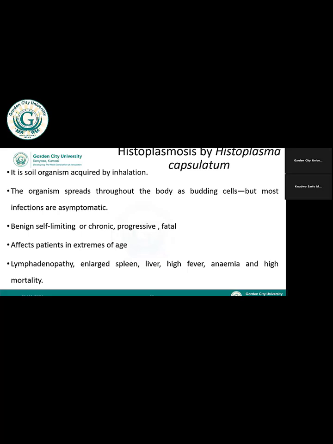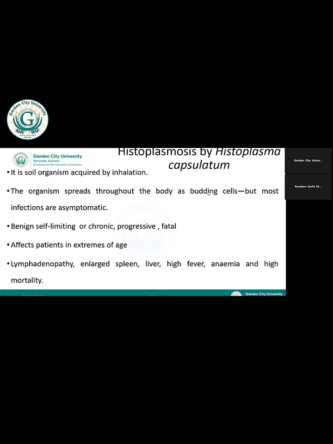So you can have histoplasma capsulatum. So histoplasmosis is an example of systemic infection caused by the fungus histoplasma capsulatum. These are mostly in the soil, but when you inhale them, they can quickly spread through the other sites of the body as they multiply by budding.